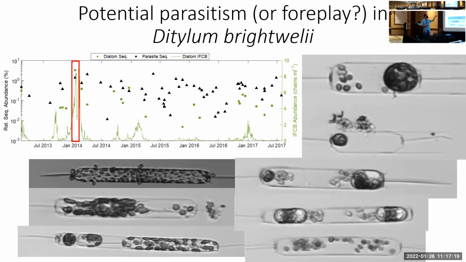If we zoom in on this event, we see some very interesting images here that may indicate parasitism, although I recently learned that Ditylum also kind of looks like this when it's undergoing gametogenesis and getting ready to sexually reproduce. So that's a new obstacle that we're trying to figure out how to work through.